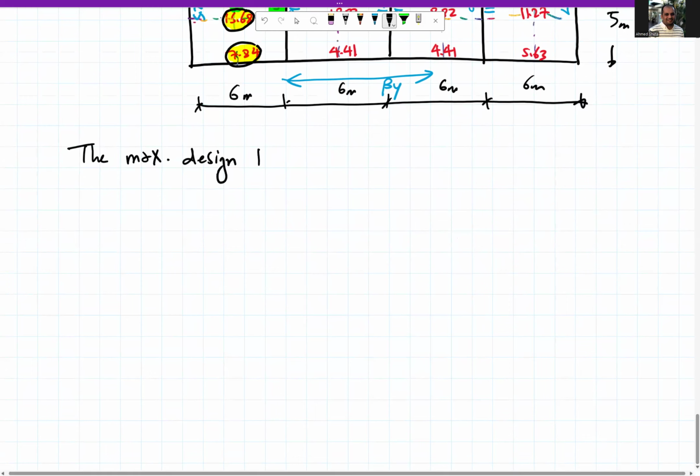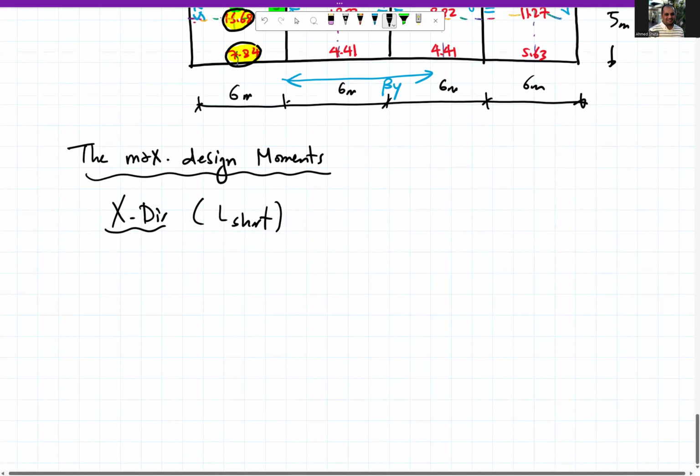So to summarize the maximum design moments for this slab, in X direction or the short direction, we have M asterisk negative and M asterisk positive.